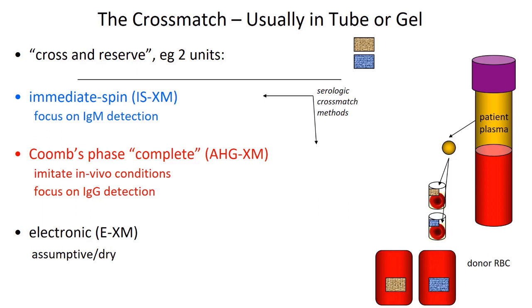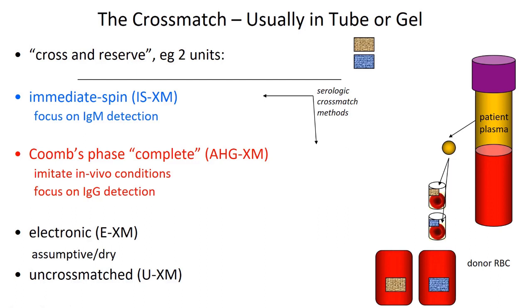Your screen may have been done by automation. And because this is skipping serologic work, this is often also called, at least locally, cross-match on demand. The facetious alternative is uncross-matched blood.